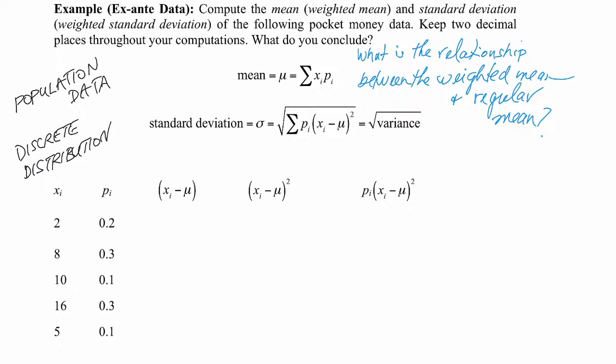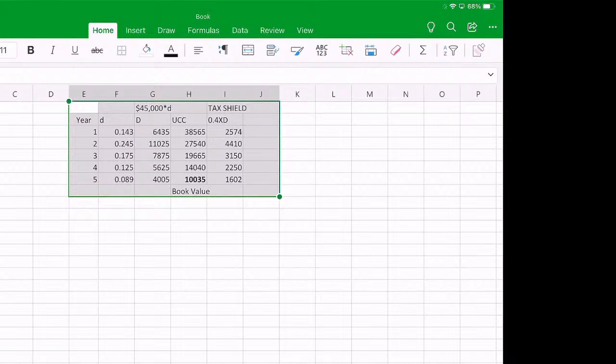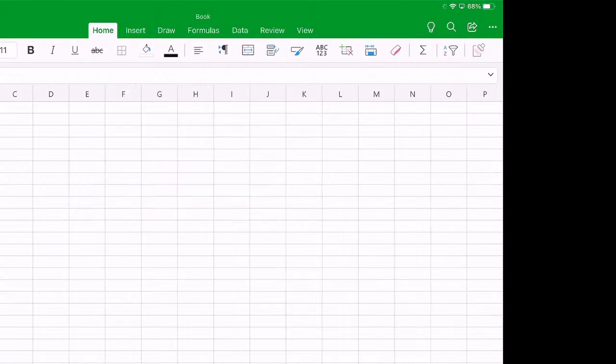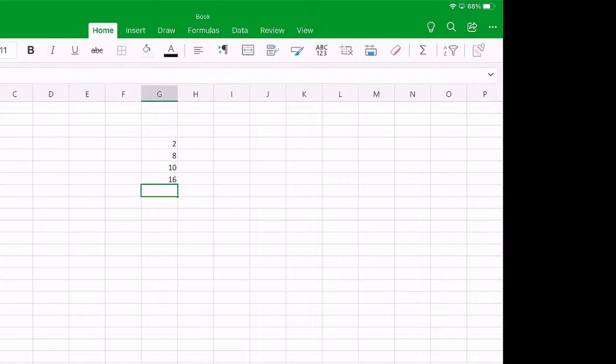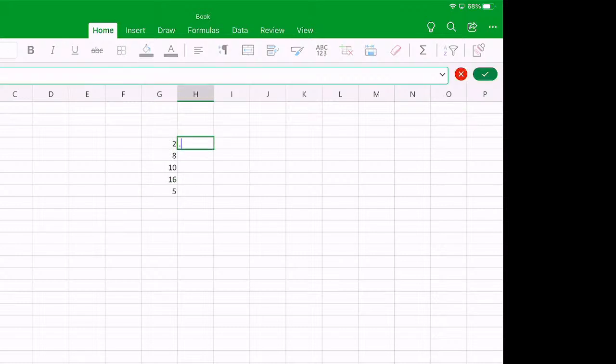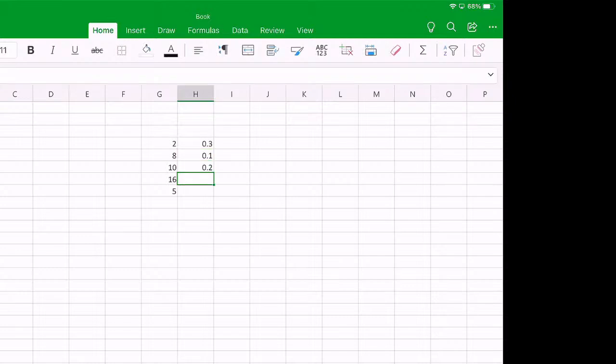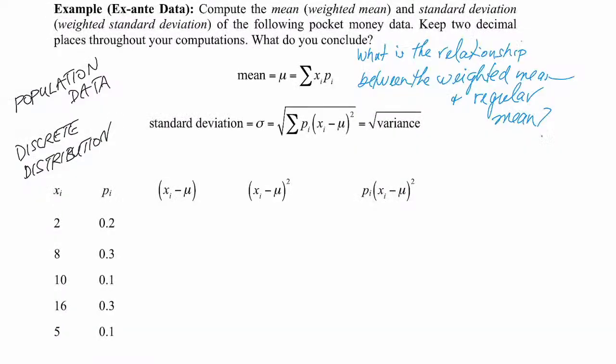All right, let's put this in Excel. 0.2, 0.3.